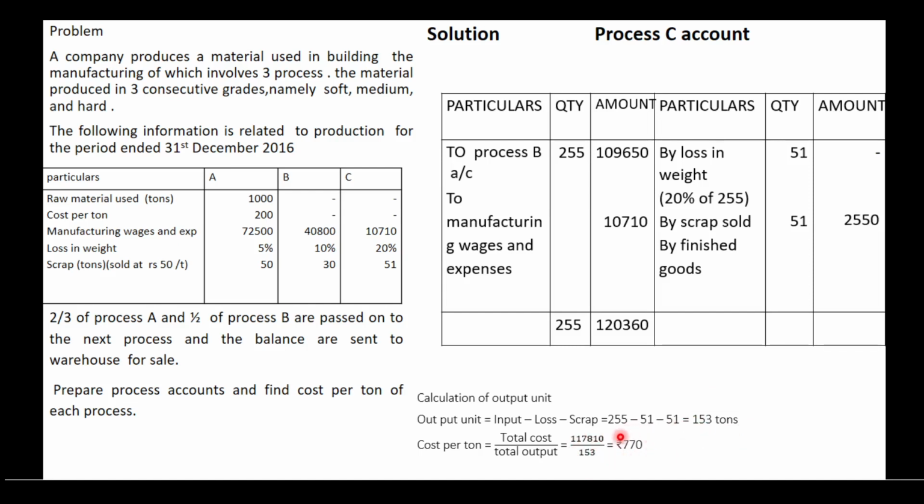So now the cost per ton is 770 rupees. So this 153 tons is multiplied with the cost per ton, that is 770 rupees. The number of tons is 153 and the amount of finished goods, that is 153 into 770 rupees, is 1,17,810 rupees. So this is the process C account.